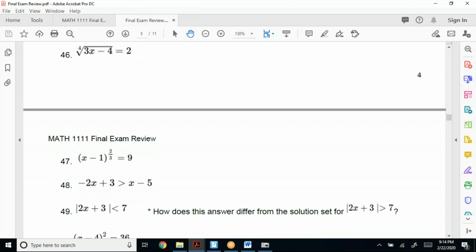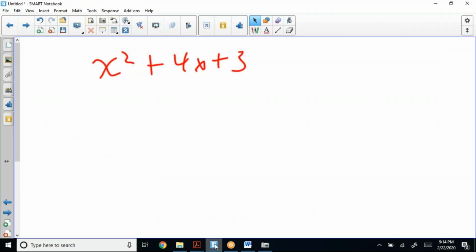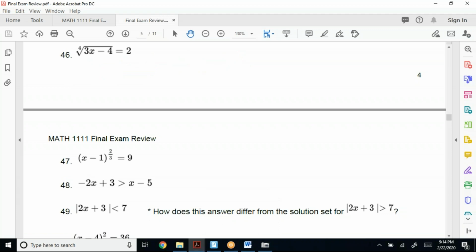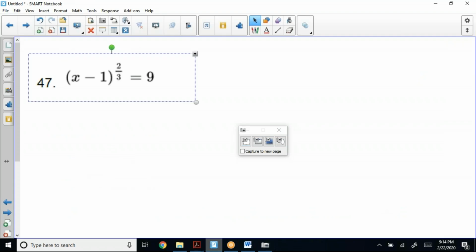What to do with that rational exponent, huh? Let me go here. All right, so first things first, if we're looking at this, this is isolated on one side, which is really good, okay?